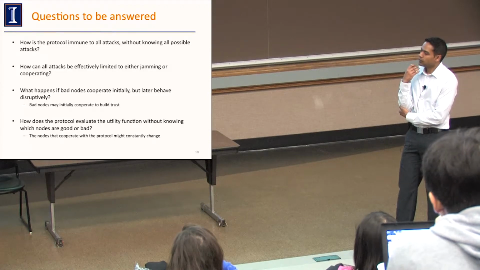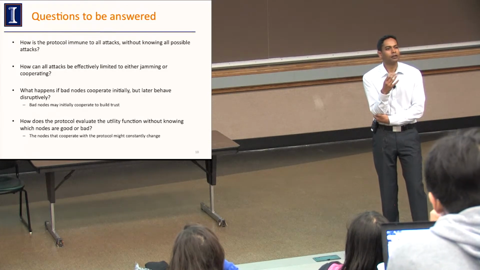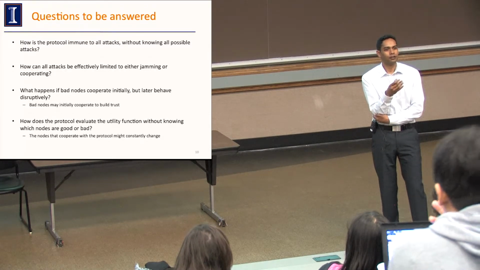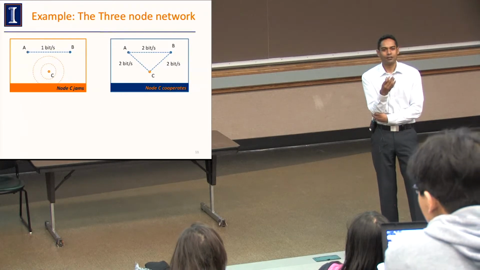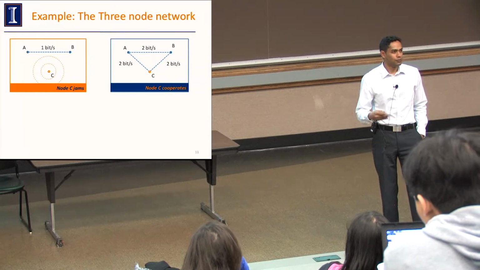And keep in mind that the network doesn't know a priori which nodes are good and bad. So you can have situations in which bad nodes decide to cooperate initially, but then later choose to not cooperate.